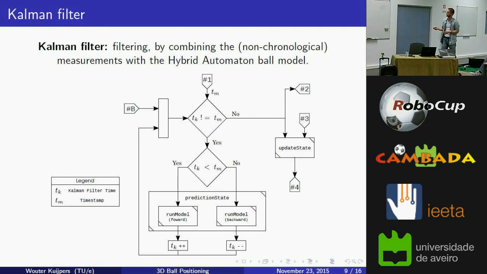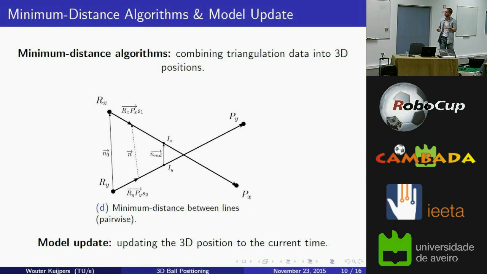So in code you would see that we have this predicted state, then there are some minimum distance algorithms, and it's going back to label 3, where it's used in the update state of the Kalman filter. So we will now move to label number 2, where there are the minimum distance algorithms.